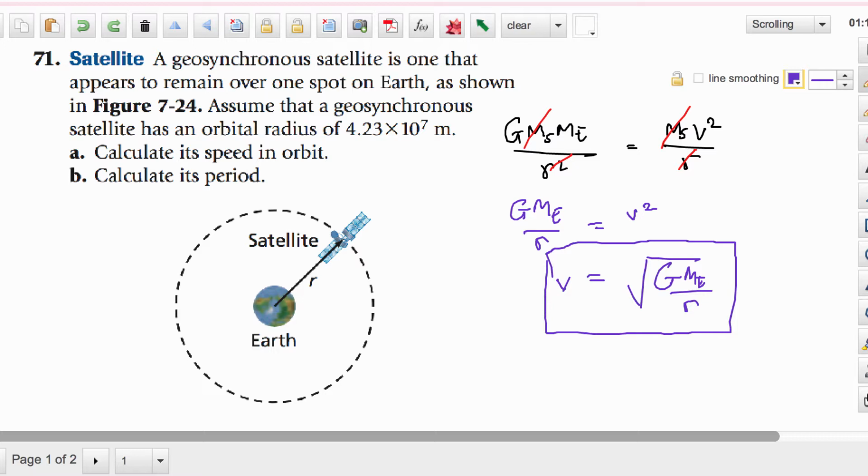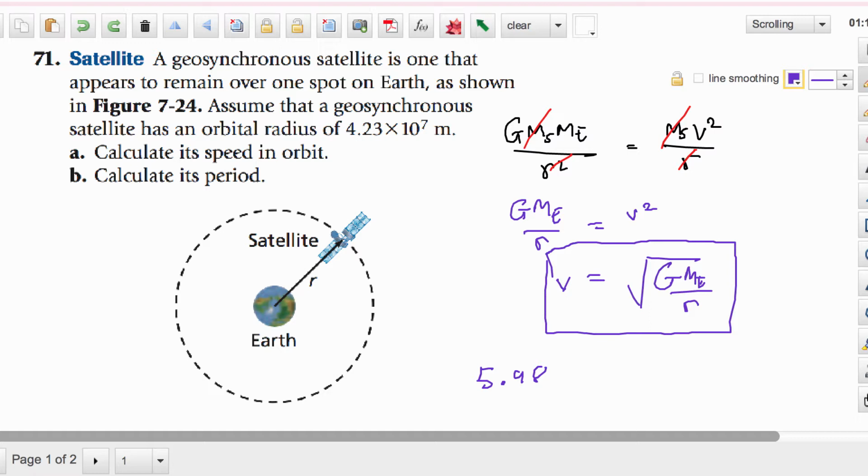It's the square root of G times the mass of the Earth over r. The mass of the Earth is 6 times 10 to the 24th kilograms.